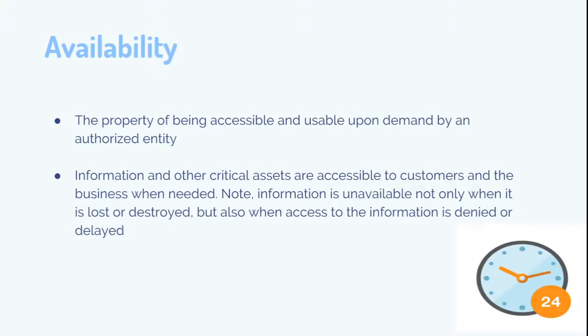So if any inconvenient activity happens to your data, it will automatically tolerate the fault. Information is unavailable not only when it is lost or destroyed, but also when access to it is denied or delayed.